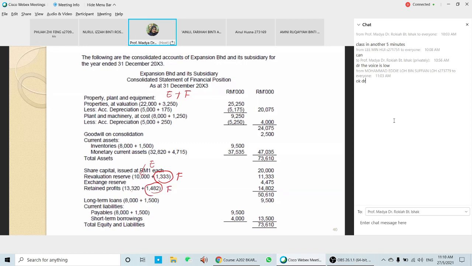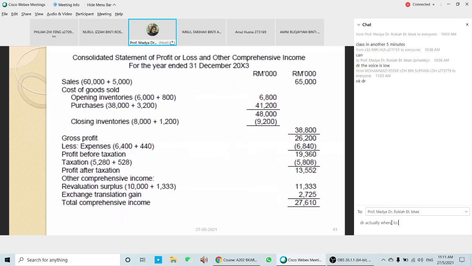1482 here is from the foreign income statement. 1482 retained profit here is from the income statements that you translated previously. And then this is what you have for the consolidated income statement total up here. This is a difference that we have.